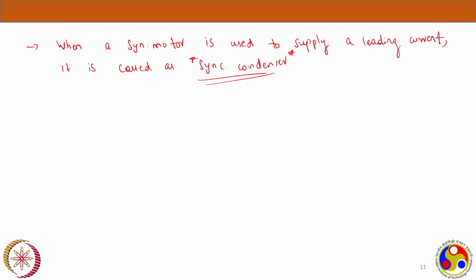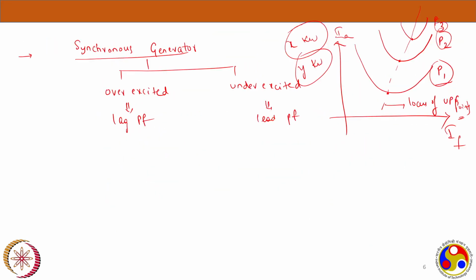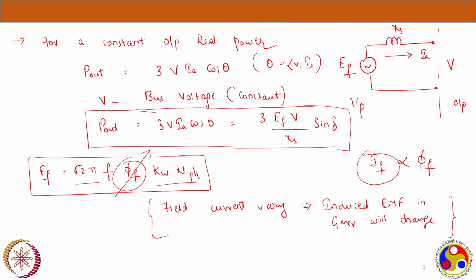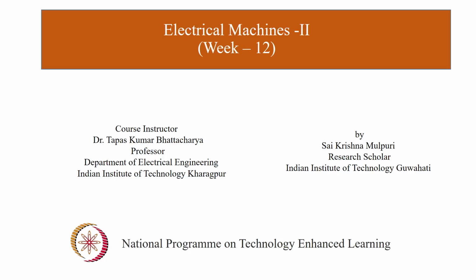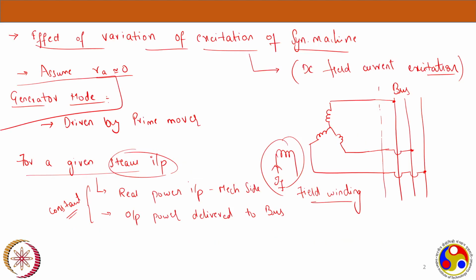Okay, now let's have a quick look back at today's discussion. Today we started on the synchronous machines concepts. We started with discussing the effect of variation of excitation on the machine. We first discussed the generator mode and then the motor mode.